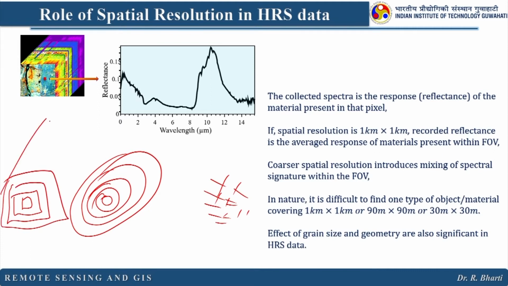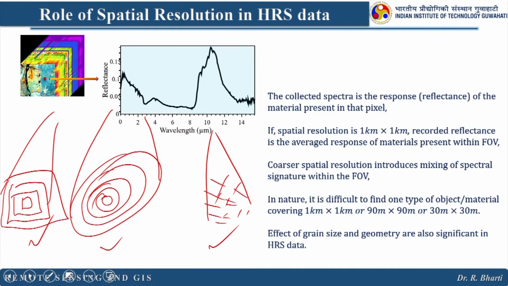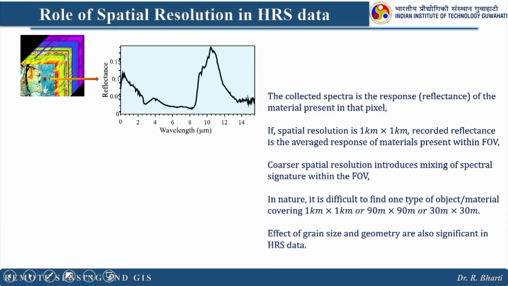And if you acquire the spectra of these, will they be the same? Ideally, the same amount of material has been used to generate this pattern, this pattern, this pattern, but if you see their spectral response, they will be different. There is a paper where I have demonstrated this problem. I will discuss this later.